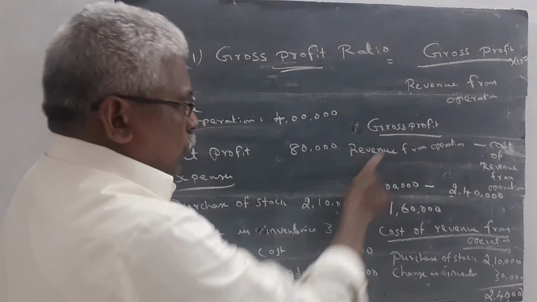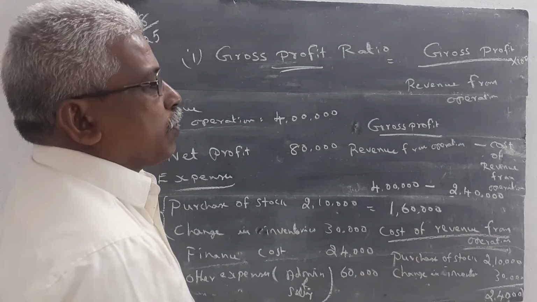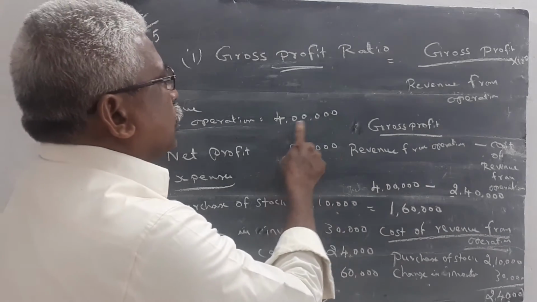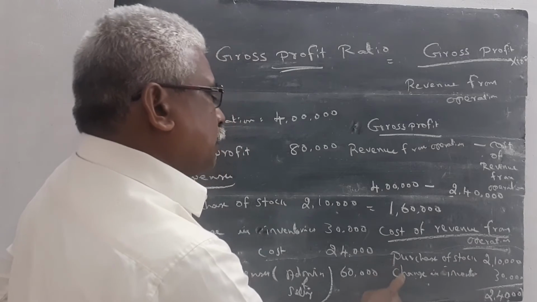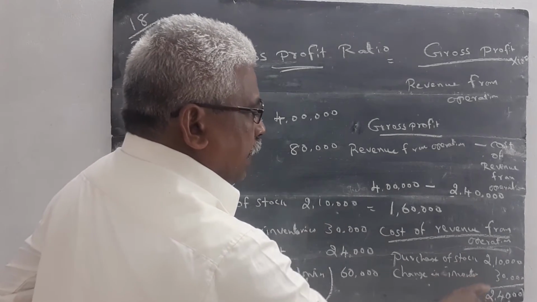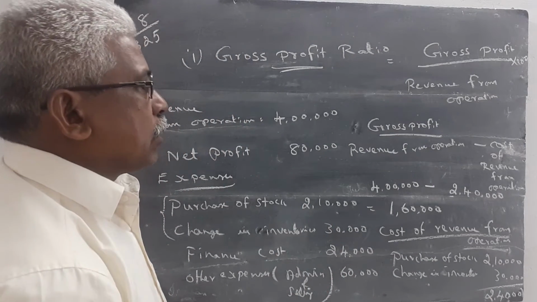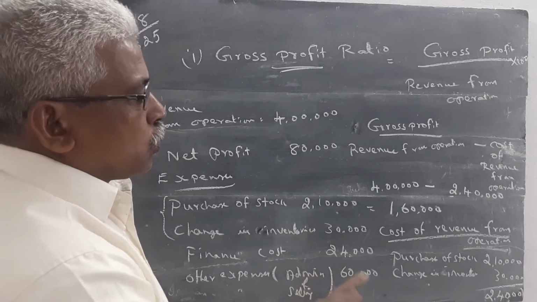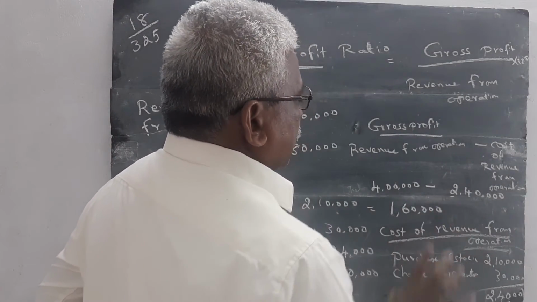Gross profit is equal to revenue from operation minus cost of revenue from operation. Revenue from operation is 4 lakh. Cost of revenue from operation is purchases plus change in inventories, 2,10,000 plus 30,000, which is 2,40,000. 4 lakh minus 2,40,000 is equal to 1,60,000.